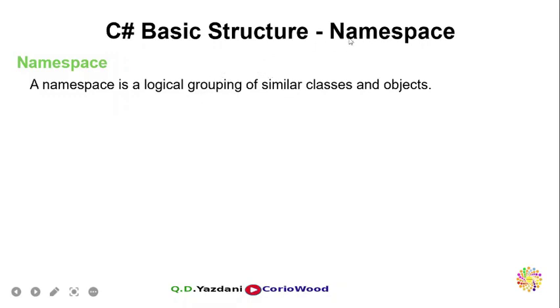We use namespaces all the time in programming languages, for example in C++, in Java, in PHP, in every object-oriented programming language. Namespaces are very important if you are working with similar classes. Say, for example, you have class A, and then you want to make a class A again. If you don't have a namespace, there is going to be a lot of confusion for you, for your team, and for the computer: which class A do you want to use?